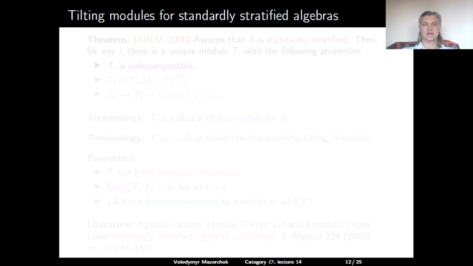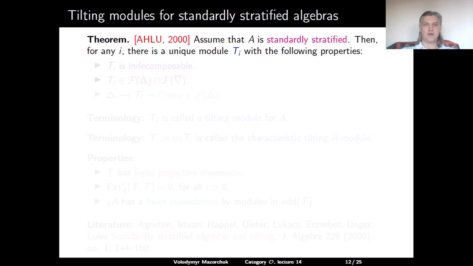Now let us discuss the notion of a tilting module. Theorem, which is due to Ágoston, Happel, Lukács, and Unger from 2000, assumes that A is a standardly stratified algebra. Then, for any index i, there is a unique module T_i with the following properties. T_i is indecomposable.